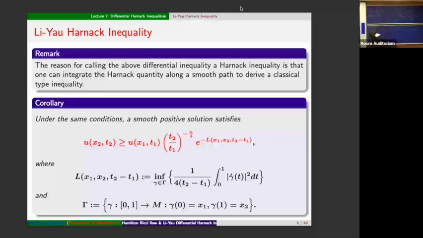So in that case, L of x1, x2, t1, t2 will be written as the square of x2 minus x1 over 4 times t2 minus t1. So you have that.